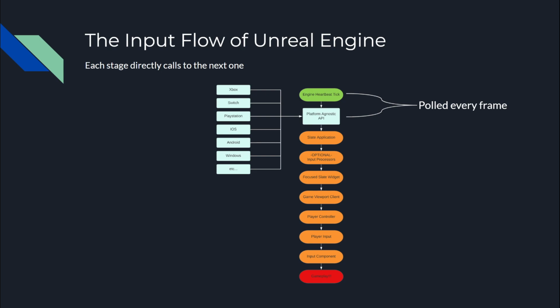So there's an actual Game Viewport widget and a Game Viewport Client object. That's the UObject one that you would override in your project, which handles propagating the input to the rest of your game engine, or not just to the rest of the game engine, but to your project and to your game, and connecting with the game code.